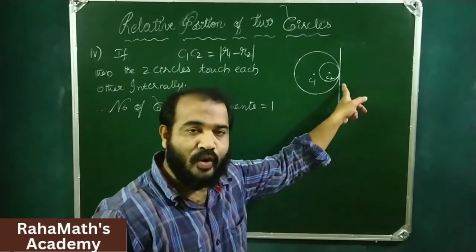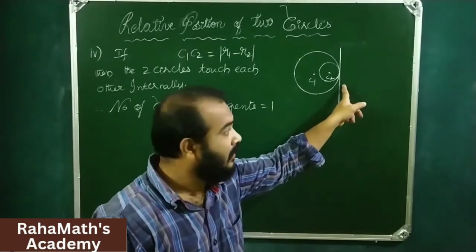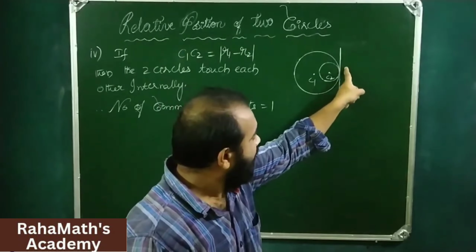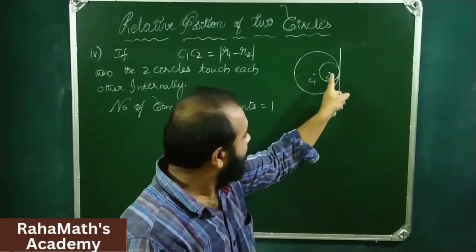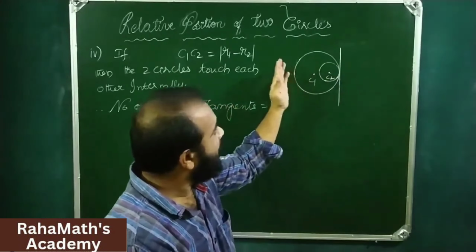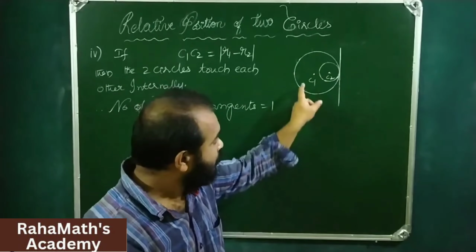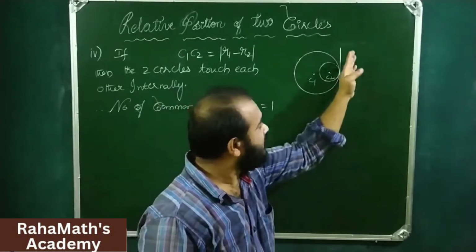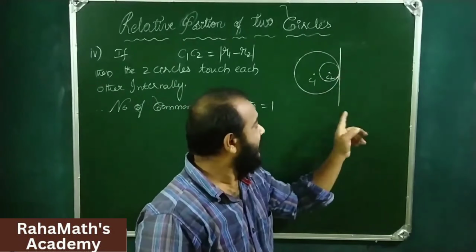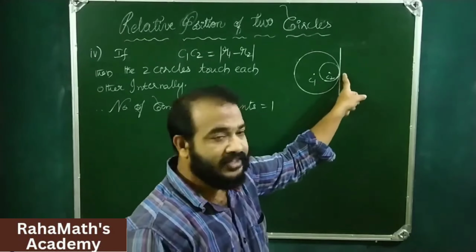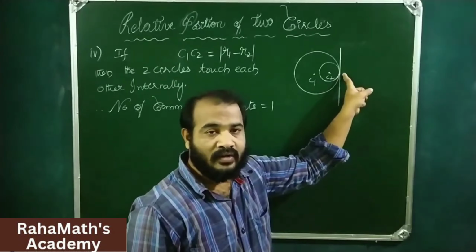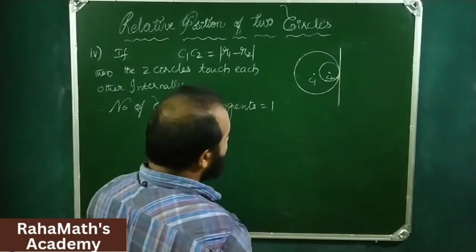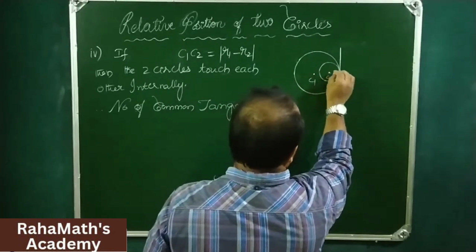Is this a direct common tangent or a transverse common tangent? Because for this line, these two circles lie on the same side of the common tangent. Therefore, this common tangent is called what? So here is the C1 C2 line joining.